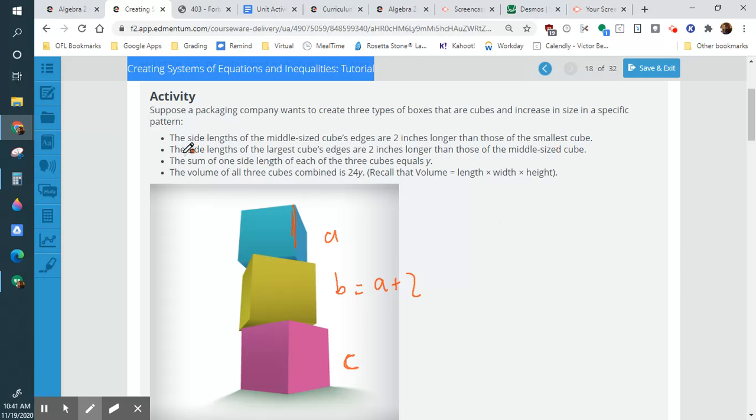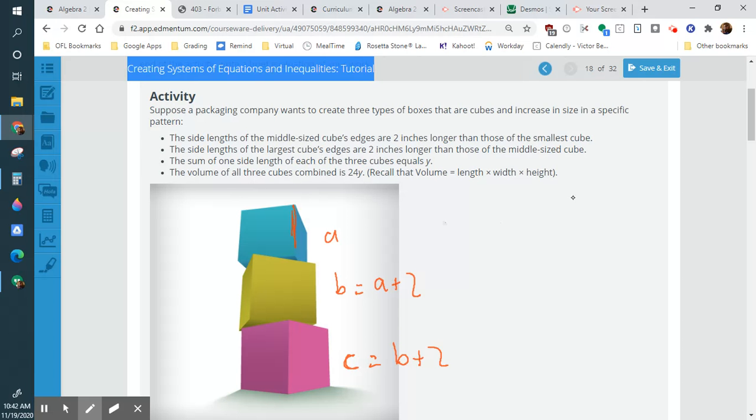All right, so now it's saying the side length of the largest cube is 2 inches larger than the medium cube. So this is going to be B plus 2. The sum of one side of each of the cubes equals Y. The sum of one side length of each.